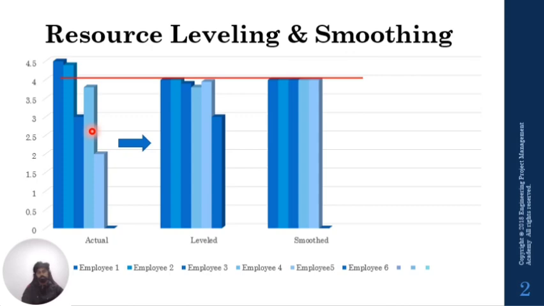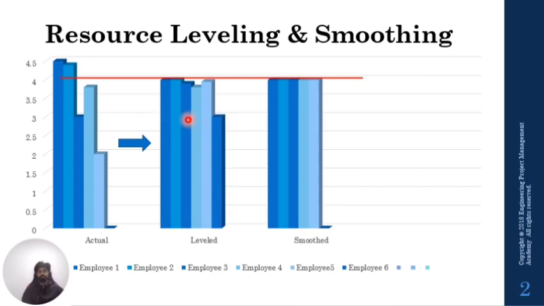The two approaches to this: one is resource leveling. This is a case in which he brings in another employee, reduces the workload from these employees, and somehow balances it. The second way is smoothing. The critical point in leveling is that we need an additional employee.